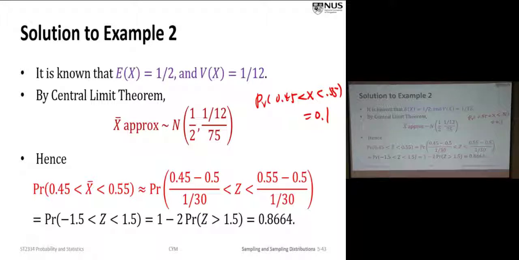But if you take a sample of size 75, quite a big sample, then the chance that the sample mean lies between 0.45 and 0.55 increases to 0.866. So quite a big number. It's very likely that your sample mean will be within 0.45 and 0.55.